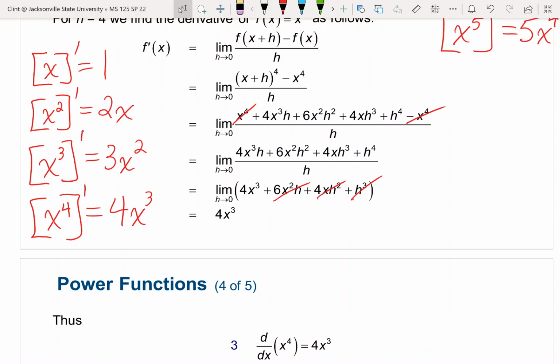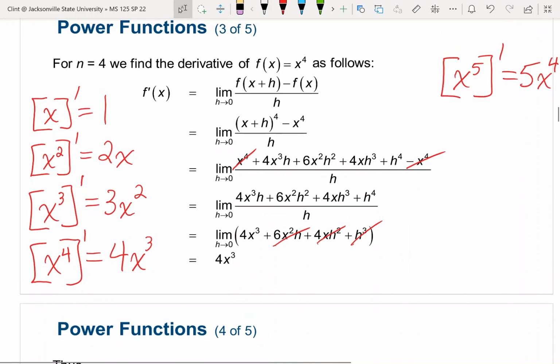It turns out that any time we have a power of x, we can use this pattern, and that will give us the same thing we would get if we did the limit definition to find the derivative. Luckily, it's a whole lot faster to say I need to multiply once and subtract once than it is to do all the limit definition stuff.